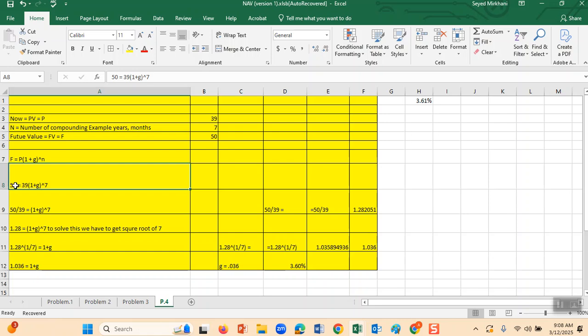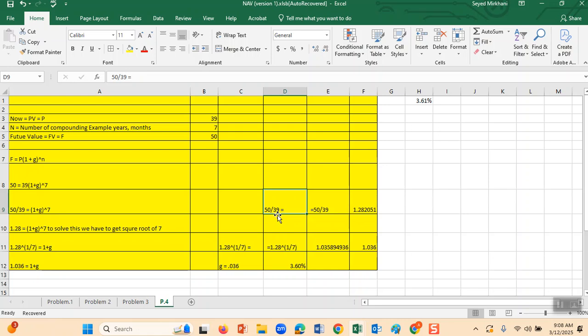Now, in order to solve this math problem, I have to divide both sides of the equation by 39. Do you see that? To make sure this multiplication disappears. By dividing, I can use Excel to do this calculation. I want to calculate 50 divided by 39.